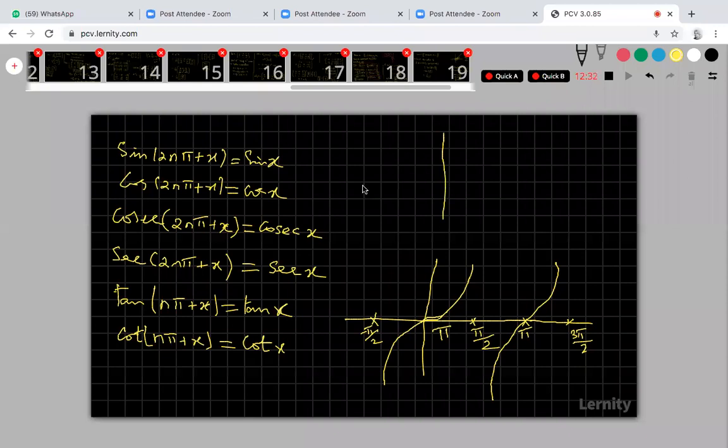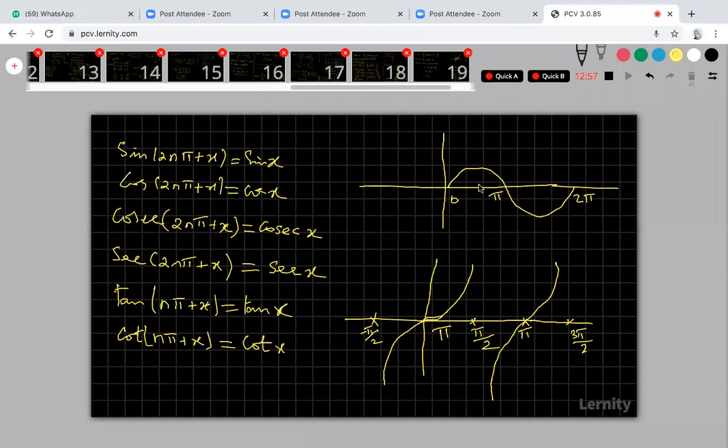Now look at that. This is 0 to pi and pi to 2 pi. This is sin x, with maximum 1. This is 0, this is pi, this is 2 pi. This length from 0 to 2 pi is 2 pi.